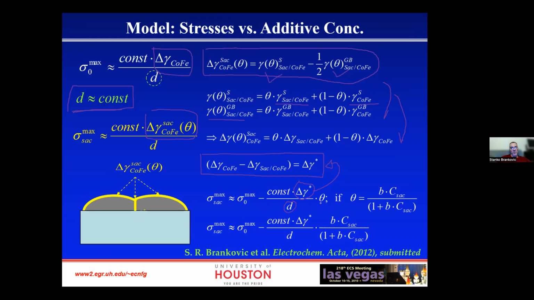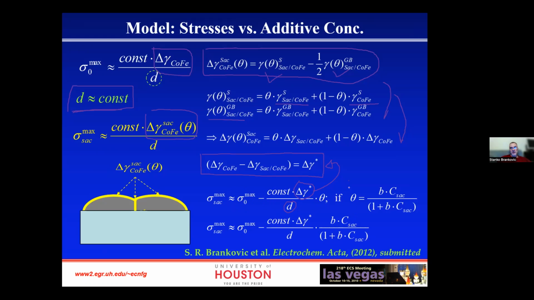If theta is equal to 1, which is the maximum coverage that could be achieved on the surface, then this whole thing has the maximum value, and the new stress that we should see in the film is actually minimum, because this function, as a function of theta going from 0 to 1, becomes the smallest one, right?